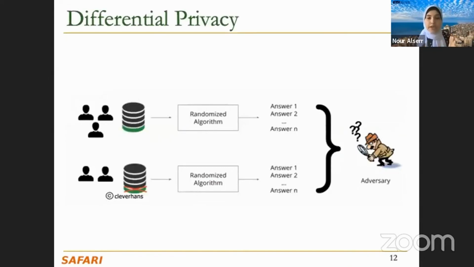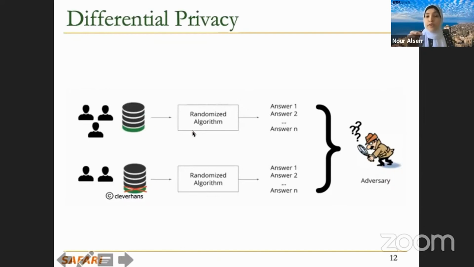Imagine that we have an adversary who wants to query the data set, the GWAS. He is asking, for example, give me the chi-square value or give me the p-value. Now, that adversary will be confused, or he will not be able to distinguish whether the answer produced is from dataset A or dataset B, so that he could say, when I get that result, this target or this victim is inside the dataset.